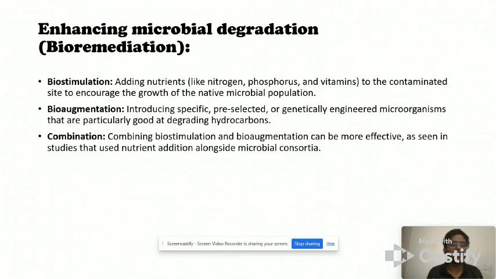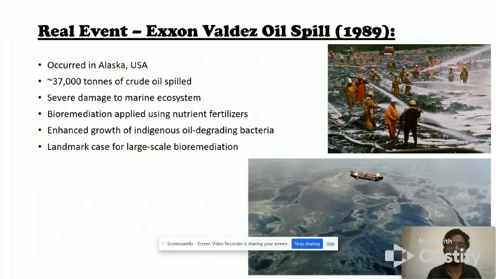Then bioaugmentation, introducing specific pre-selected or genetically engineered microorganisms that are particularly good at degrading hydrocarbons. Combining biostimulation and bioaugmentation can be more effective, as seen in studies that used nutrient addition alongside a microbial consortia.